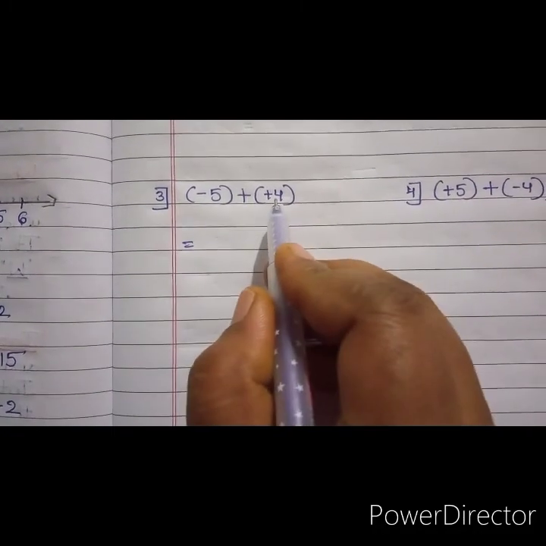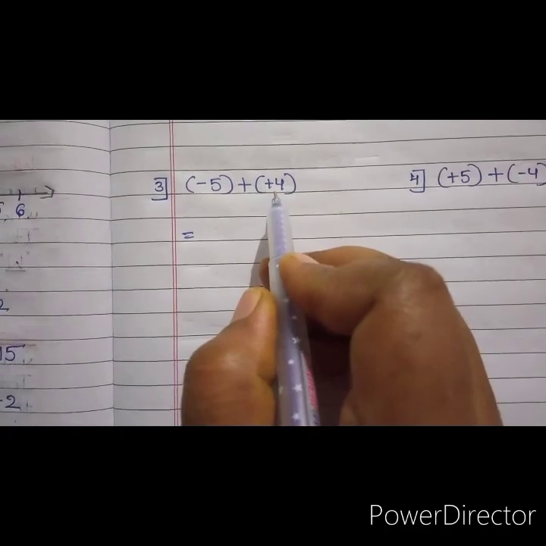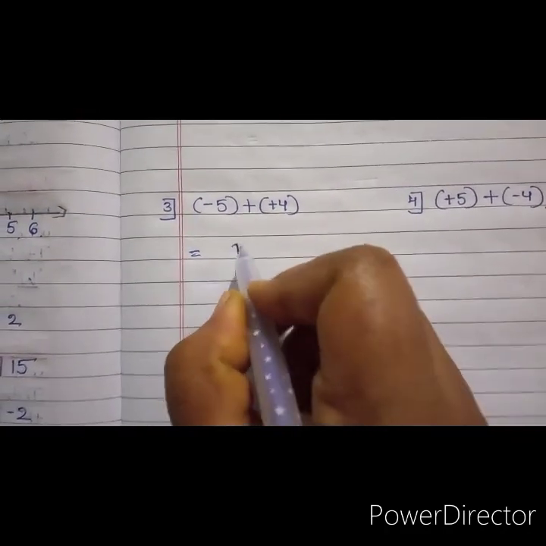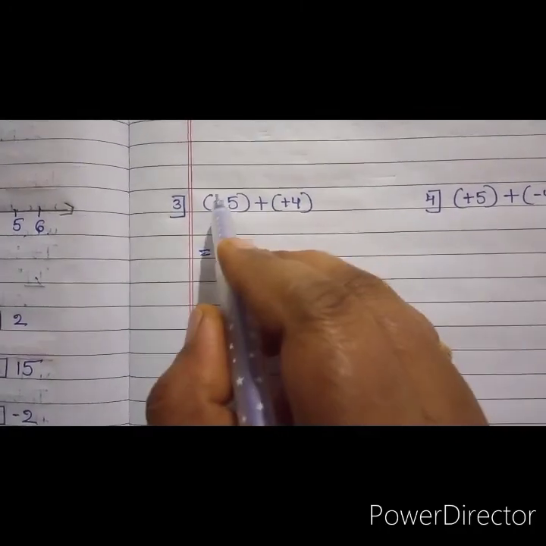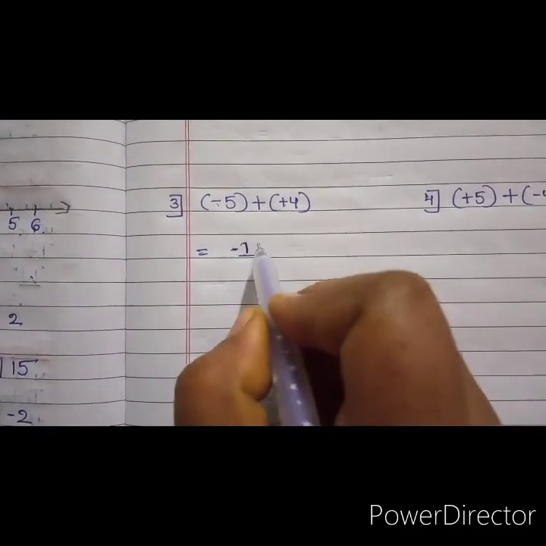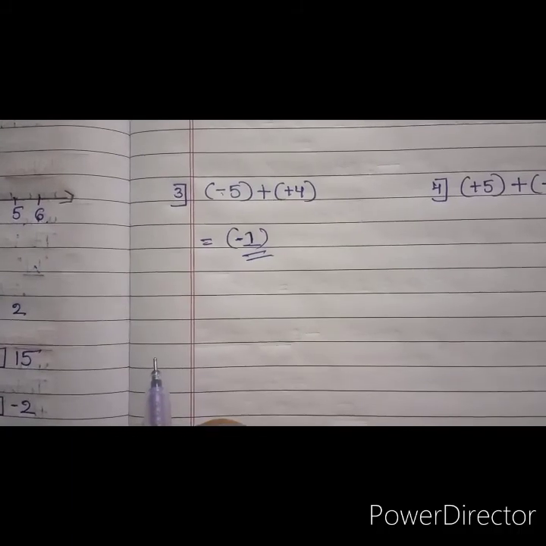We have to subtract it because one is negative, one is positive. So 5 minus 4 means 1. See here children, always we have to give the sign of the greatest digit. So that is minus. Now the answer is minus 1.